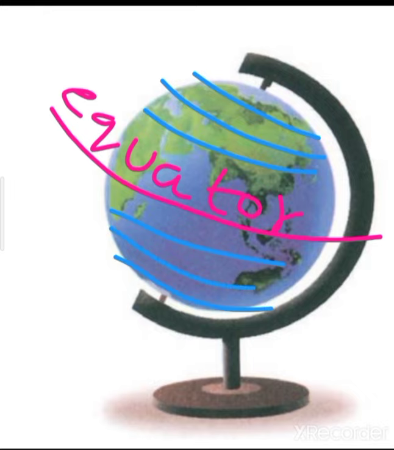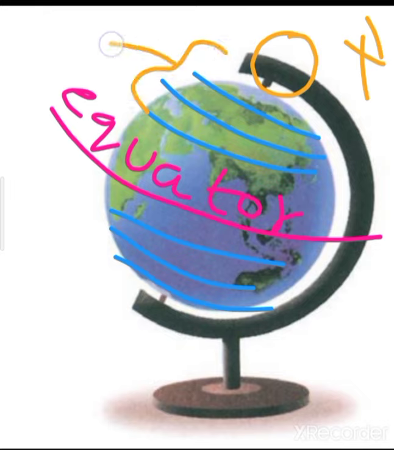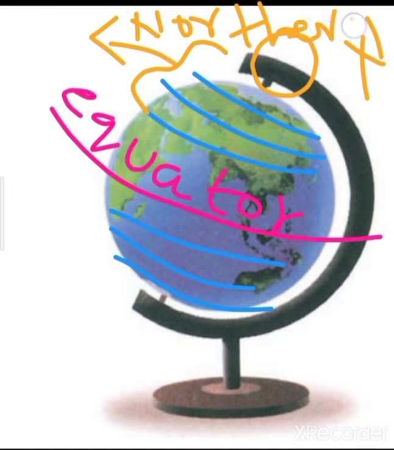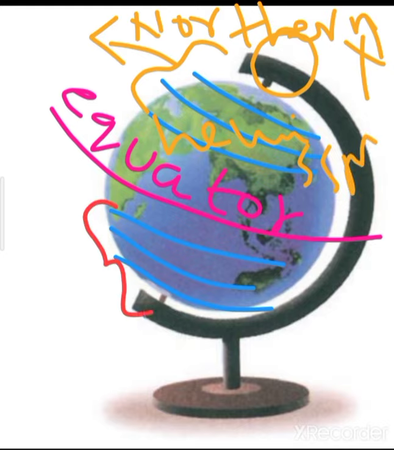This upper portion is in the north side, so this part is called the northern hemisphere. This lower portion is in the south side. This is the north pole, this is the south pole.